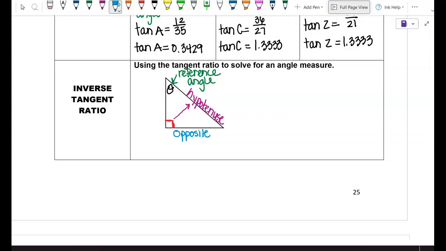And then the one next to it is its adjacent, would be here. So we said a little bit ago that this is represented by the tangent of theta equals leg opposite divided by leg adjacent.